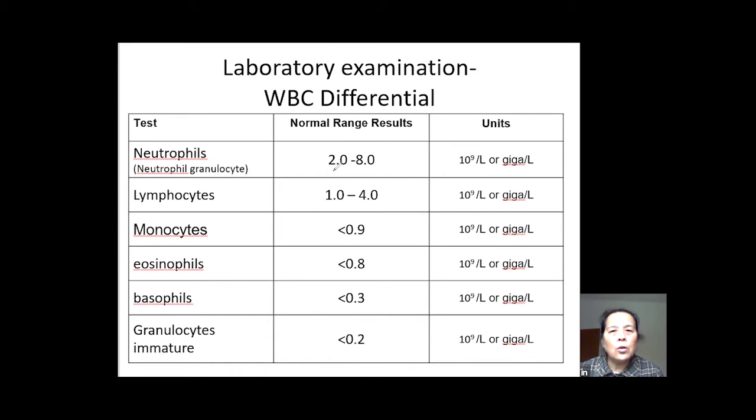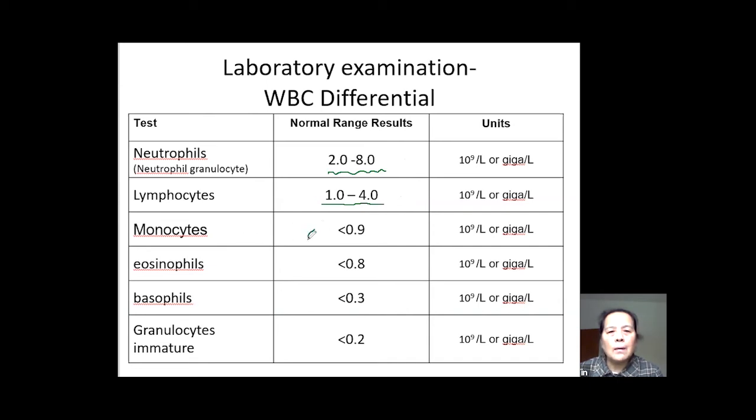Neutrophils are always the biggest number, and then lymphocytes. These two mainly cover most of the white blood cells.